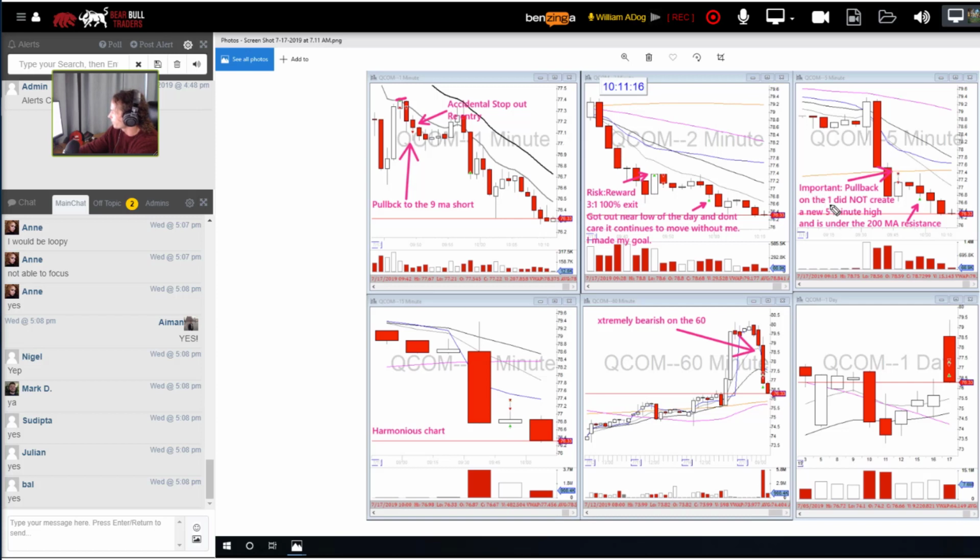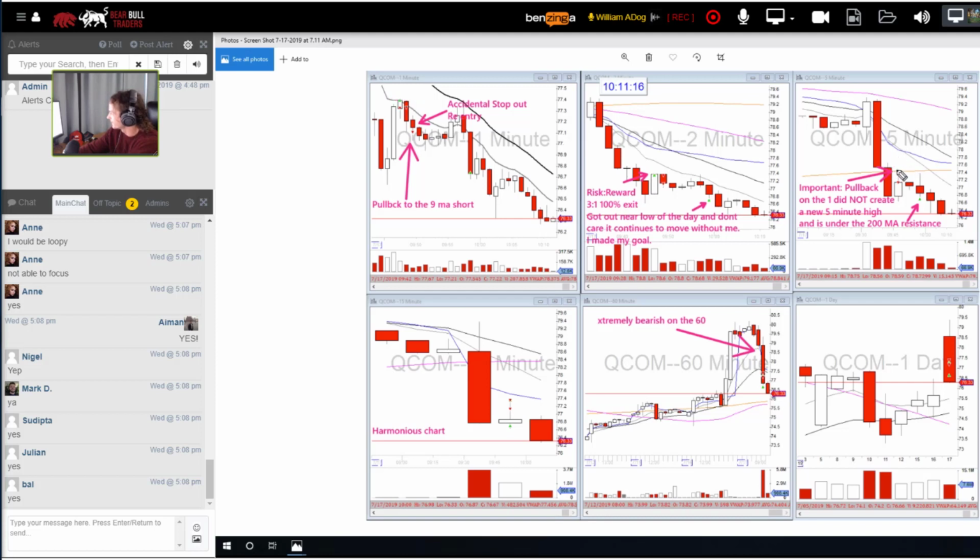Important, the pullback on the 1 did not create a new 5-minute high. If the pullback had created a new 5-minute high, I would be shorting against traders who want to trade a new 5-minute high, like an engulfing, right? That would have been engulfing, and we know how powerful that is.